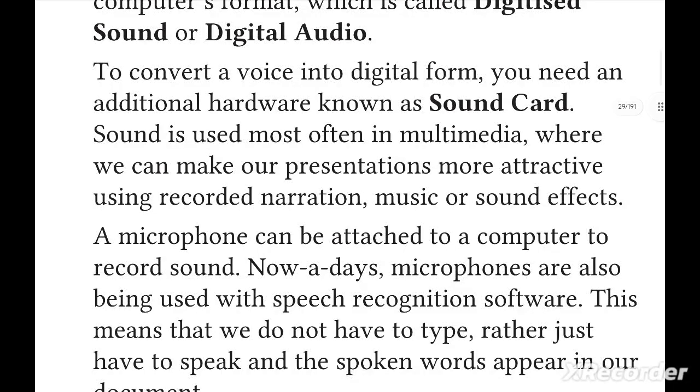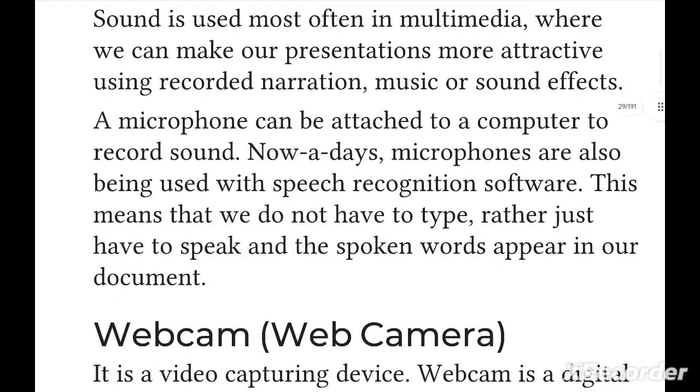To convert a voice into digital form, you need additional hardware known as a sound card. Sound is used most often in multimedia, where we can make our presentations more attractive using recorded narration, music, or sound effects. A microphone can be attached to a computer to record sound.